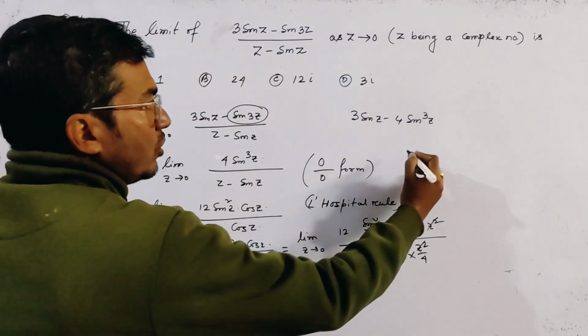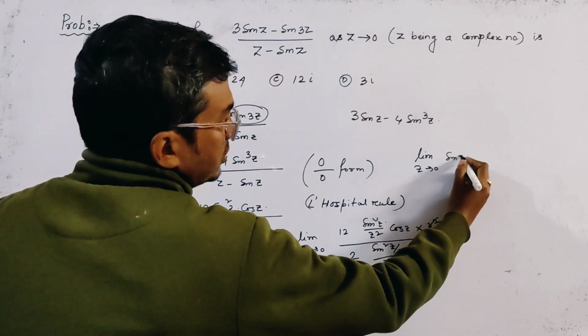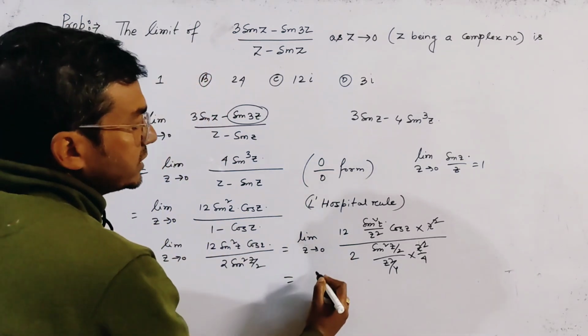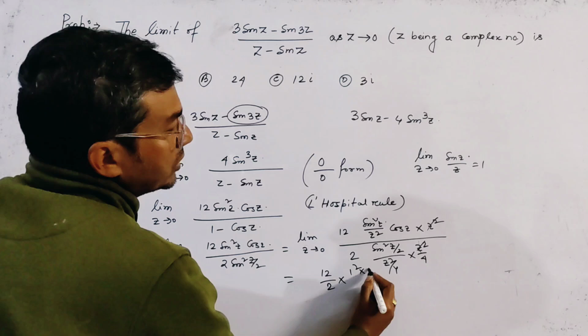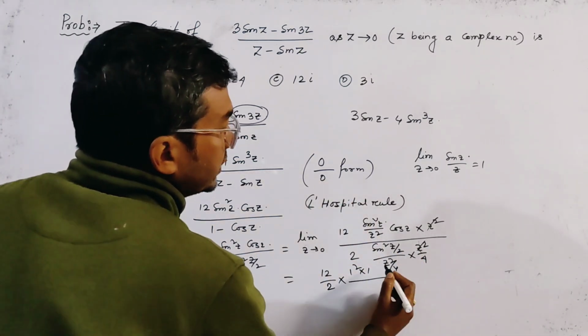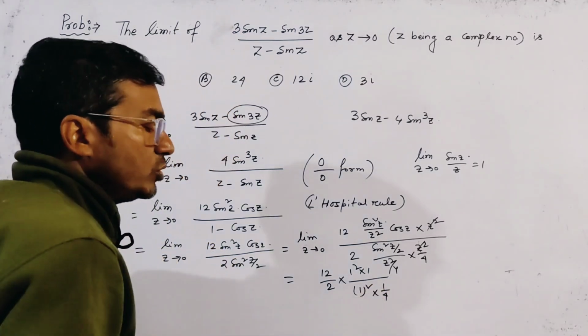Now putting the value of the limit z tends to 0, sin z by z is equal to 1. So we get 12 by 2 into 1 square into 1, because cos 0 is 1, by 1 square into 1 by 4.